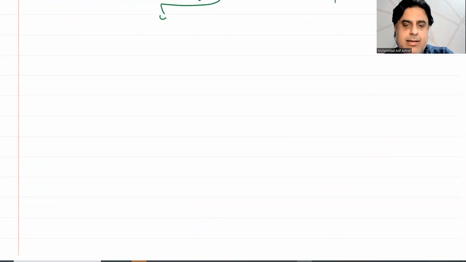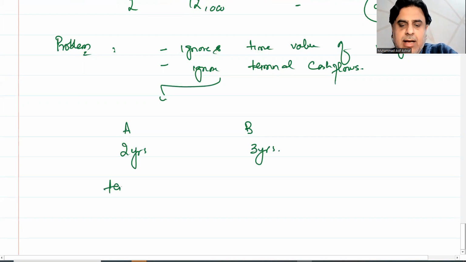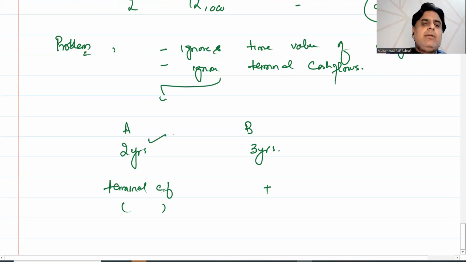Maybe, for example, if you have two projects, one has a payback period of 2 years, the other has a payback period of 3 years. Maybe project A's terminal cash flows will be negative, but project B's terminal cash flows will be positive. But you will take project A because its payback period is lesser.